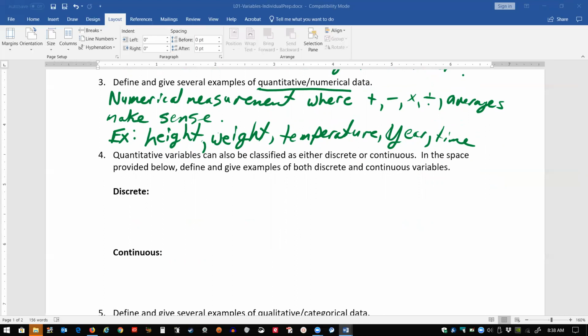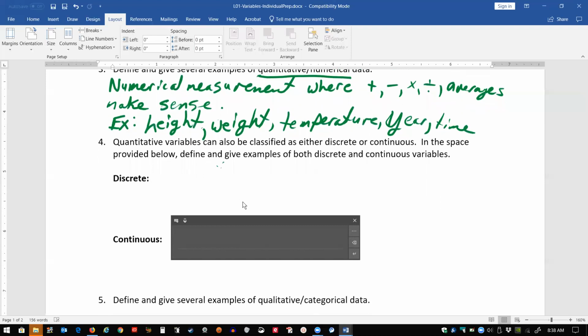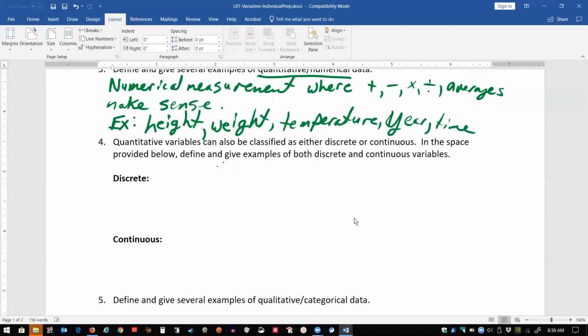So essentially, a discrete variable has a countable number of outcomes, countable number of values.